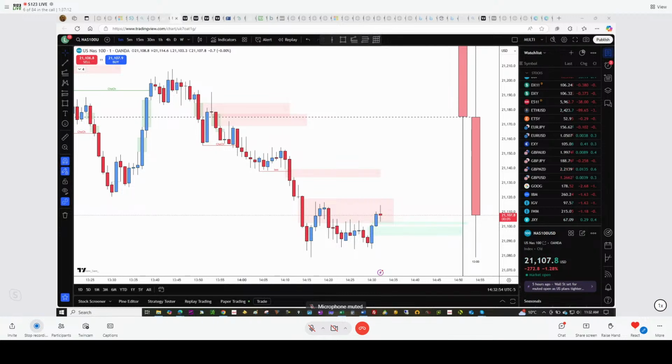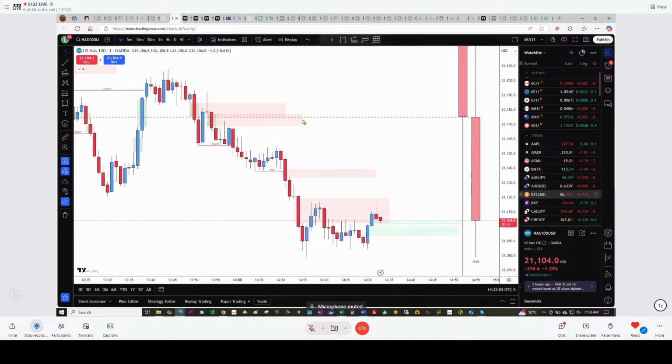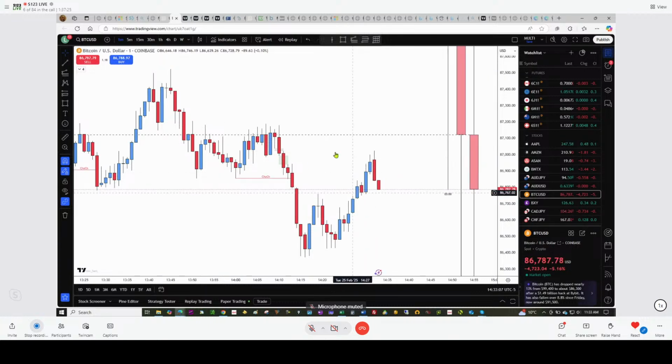True to form, Tesla is now retracing to the bottom of wave 4. Okay, now Bitcoin is set up for a possible entry, because we came back in here.